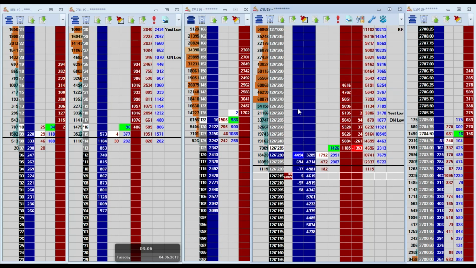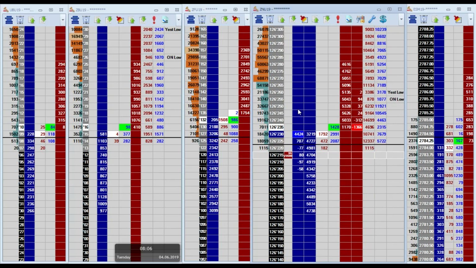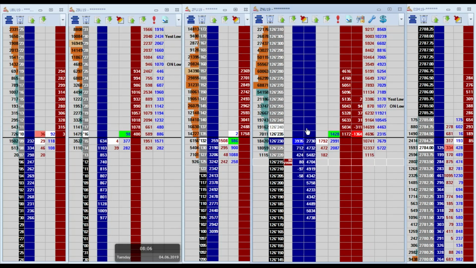We might hit some resistance up here at yesterday's low, overnight low. It's kind of what I'm looking at as far as a target. Just need some short covering here and people to pile on, get this going higher.